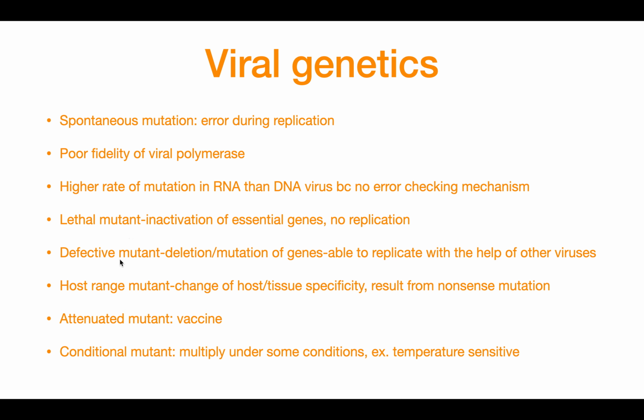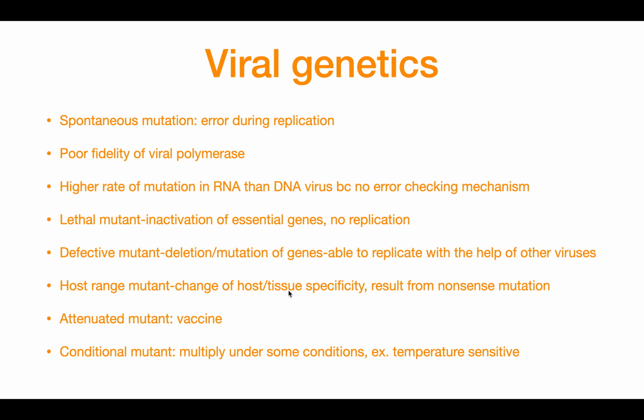A defective mutant has a deletion or mutation of the genes, but it is able to replicate with the help of other viruses. So these would be like the adenoviruses, right? The host range mutant is going to be a change of host or tissue specificity that usually results from a nonsense mutation. Sometimes it works really well, like maybe an original virus targets muscle cells, but it's hard to get into the muscle cells, right?